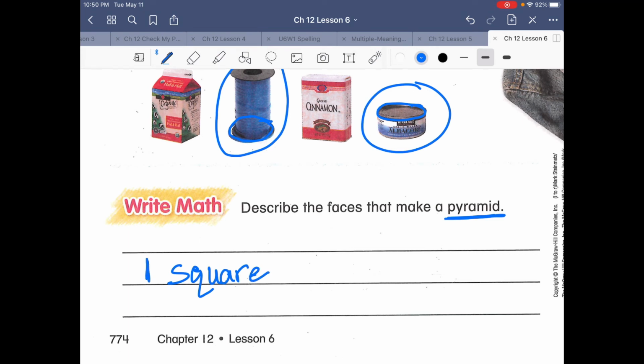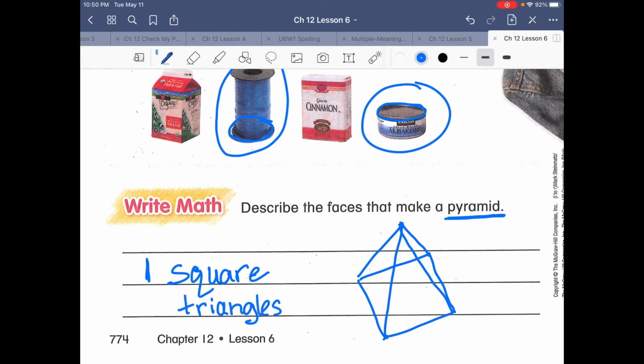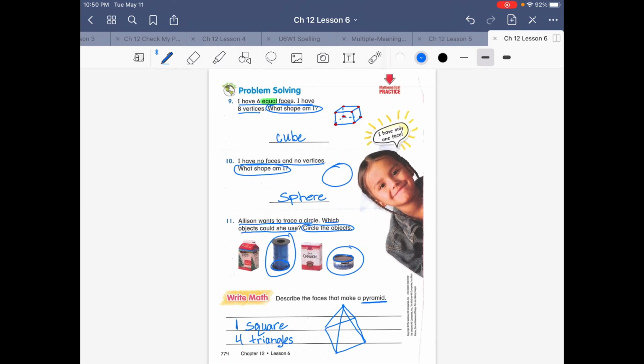And if you have your square, we draw a square. And then we bring those up to the top. How many triangles do we have there? That's right, we have 4 triangles. All right, now it's your turn.